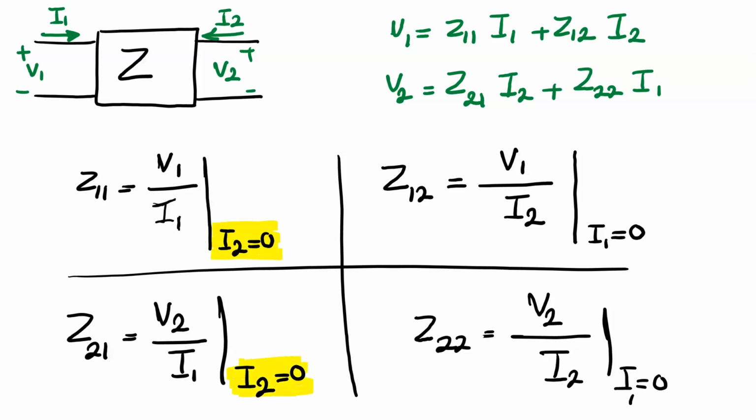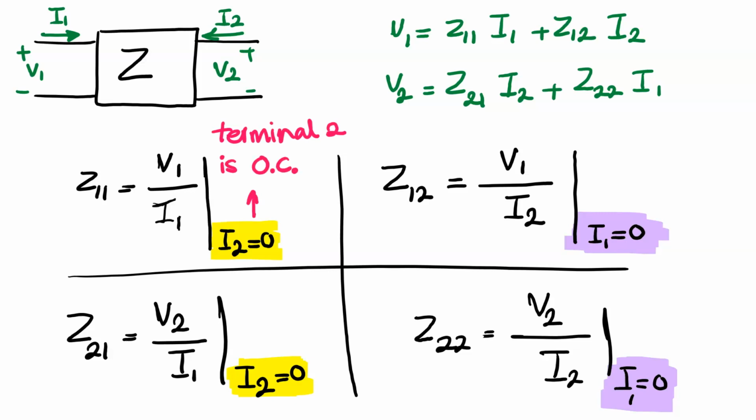And the second scenario that you need to solve this circuit in is the situation that your I1 is equal to 0. So let me remind you about having current as 0. When the current is equal to 0, it means that your terminal, for example here, terminal 2 is open circuit. And here it means that terminal 1 is open circuit.